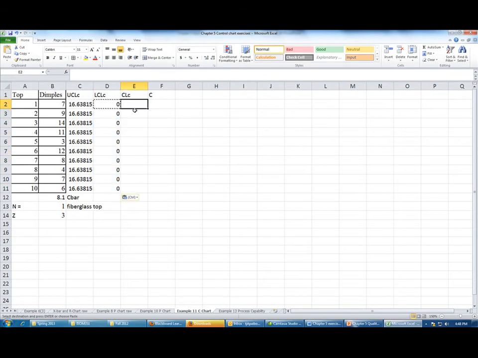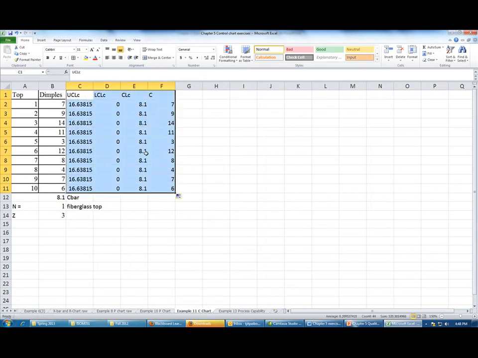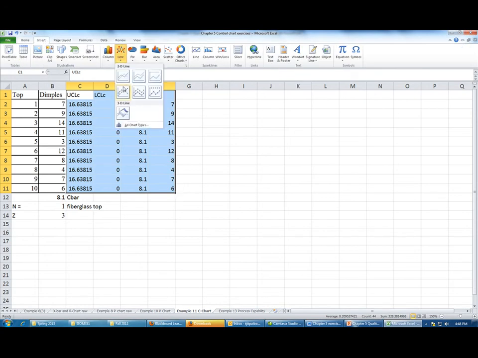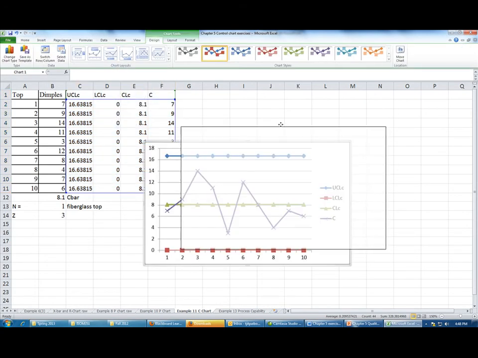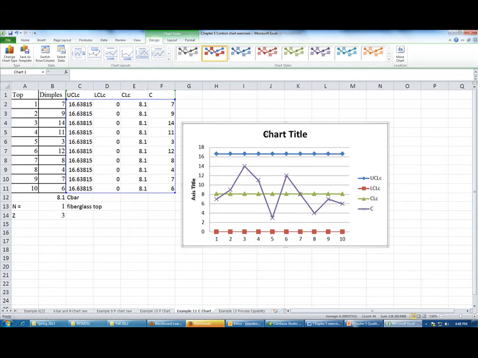The center line will be C bar, and C will be the count of the dimples. Okay, so with these 4 we can insert the chart and put in the C chart.